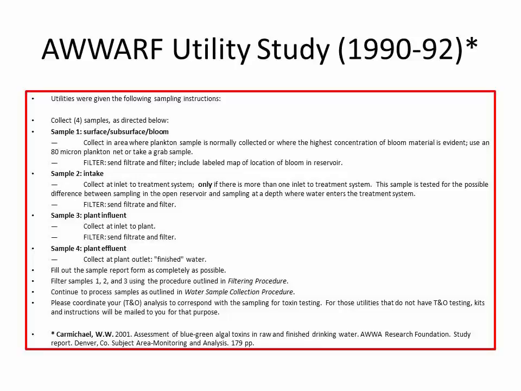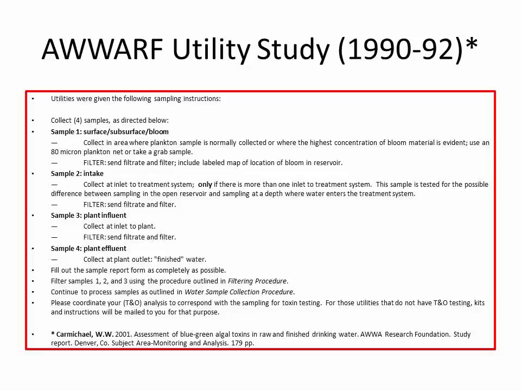So here, we filtered, sent the filtrate and the filter, because we also tested the filtrate to see whether we lost toxin into the filter or filtrate, or if we got most of it on the filter. And in these cases, we did conclude that you could use filtered material and only process those filter papers, if we're talking toxin testing. We're not talking identifications. We didn't do identifications for this study.